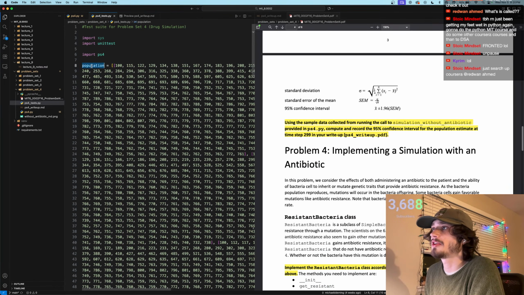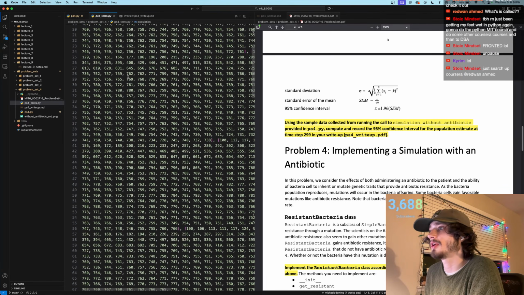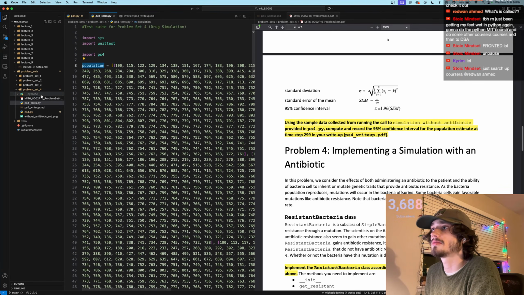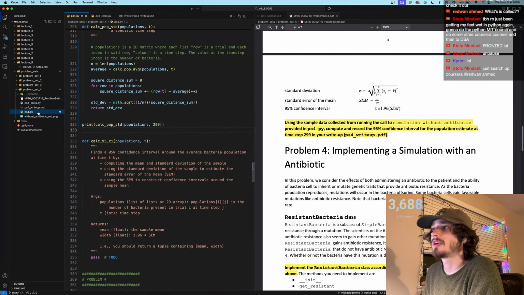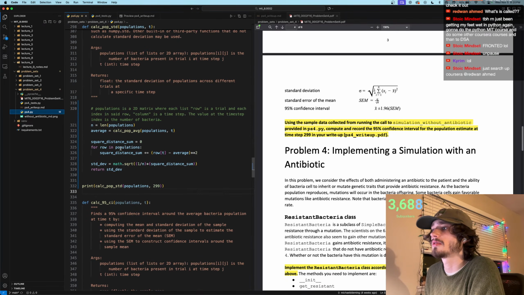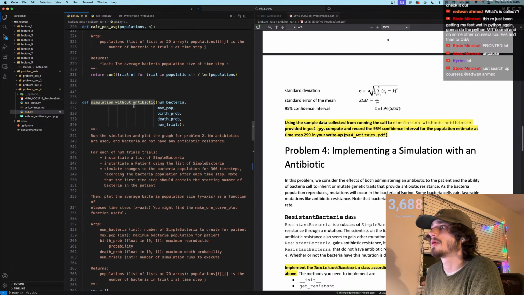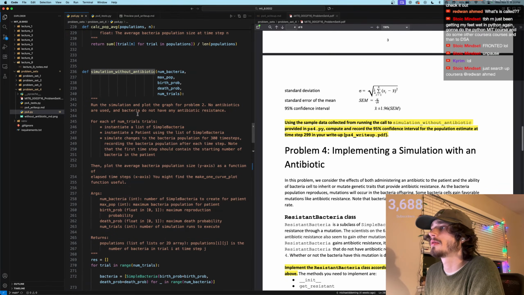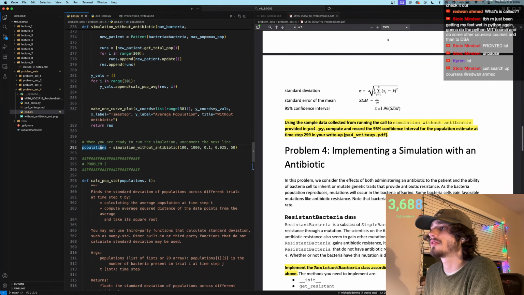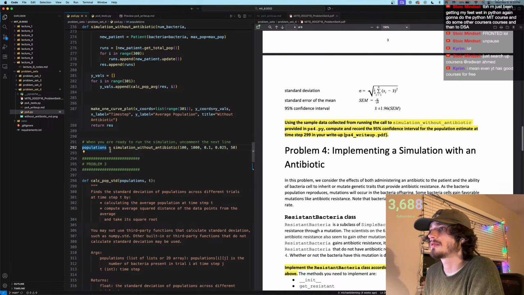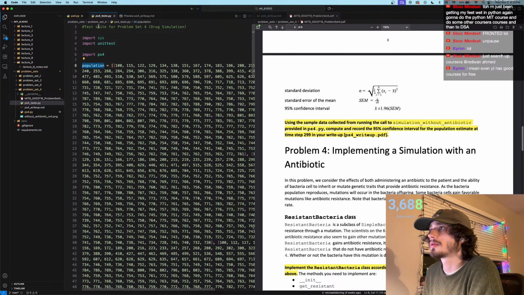Okay, this is the population. So what if I import this population and use this as my population? So what am I using as population here? The number of bacteria. Okay, so this is giving the populations back to us. So if I just use this population instead, right?